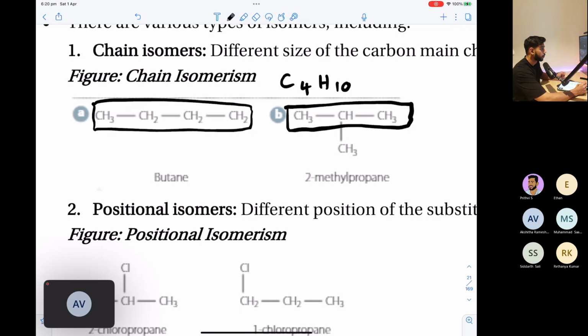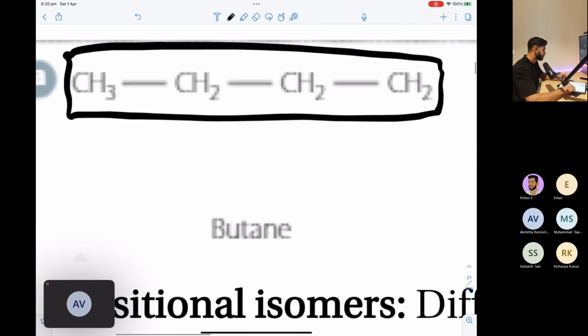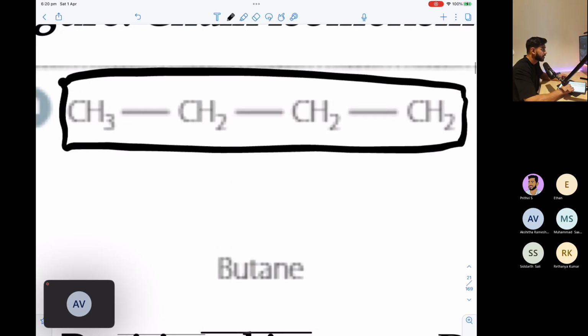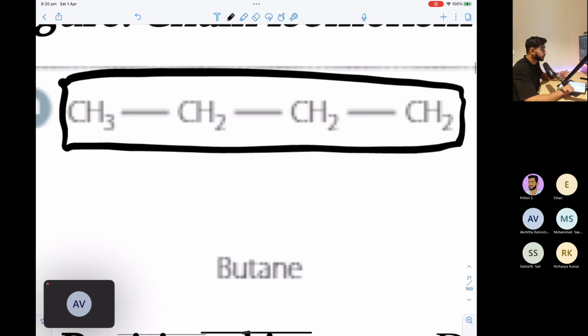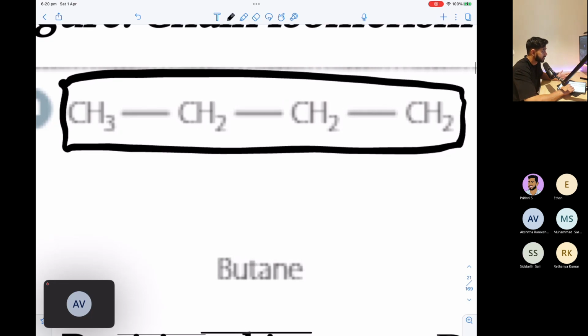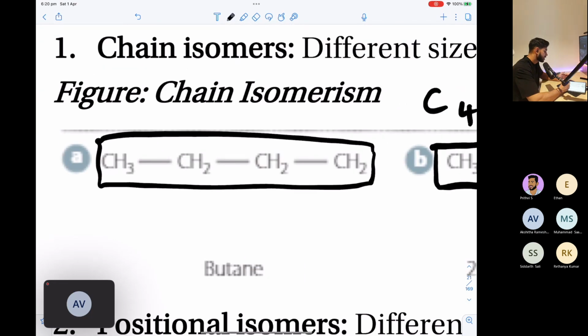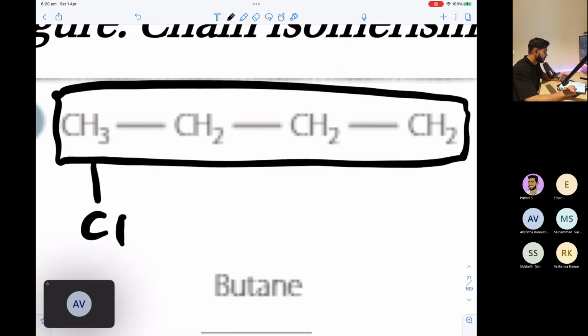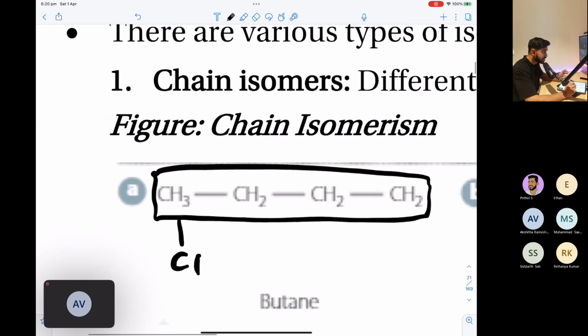Now, zooming into a chain isomer, you can have different positions of alkyl groups. You can see here, there's no alkyl group around this 4-carbon main chain, so there are no positional isomers here. But let's say there was a chlorine in this compound. The chlorine in this main chain can occupy the first position, bonding to carbon number 1, or it can be bonded in the second position, to carbon number 2.